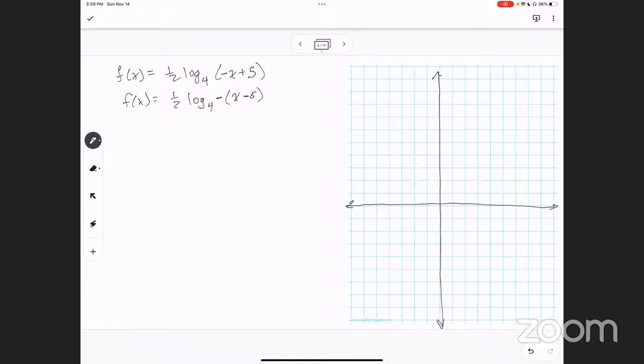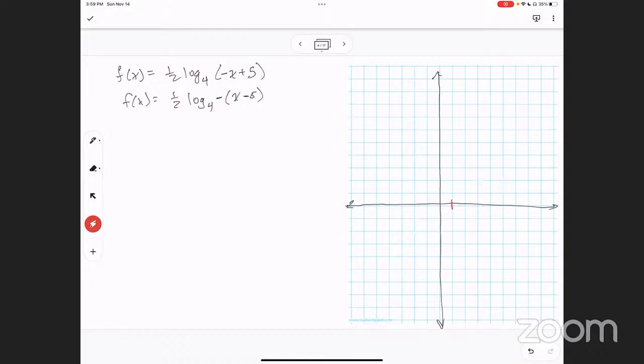Okay. So then what you could do is flip it. Remember when the negative is with the x, then it flips over the y-axis, yes? So this is going to flip here. It would be here. But then it shifts where?